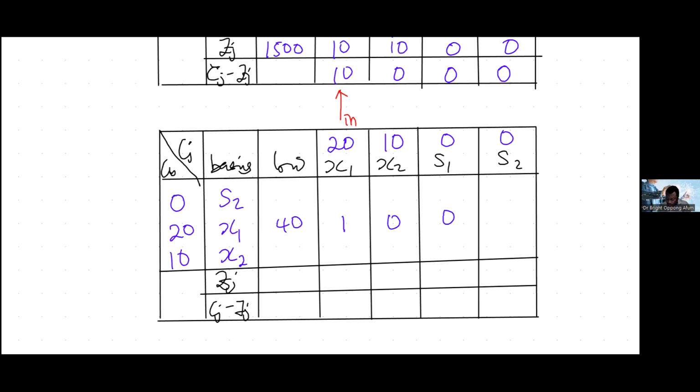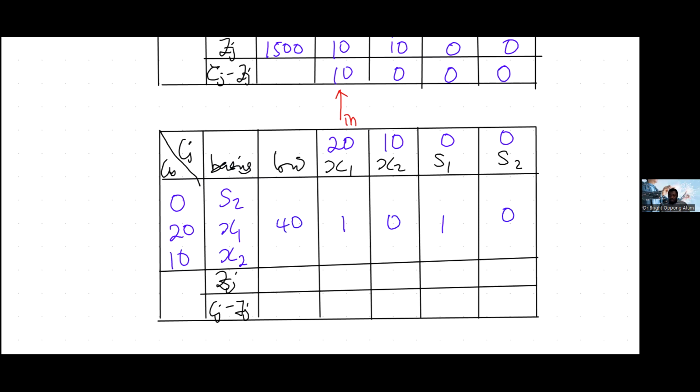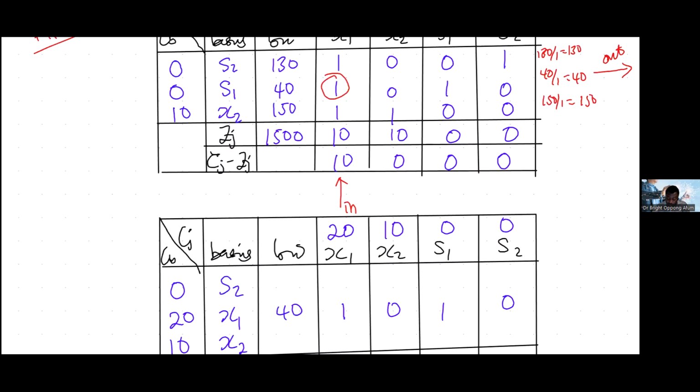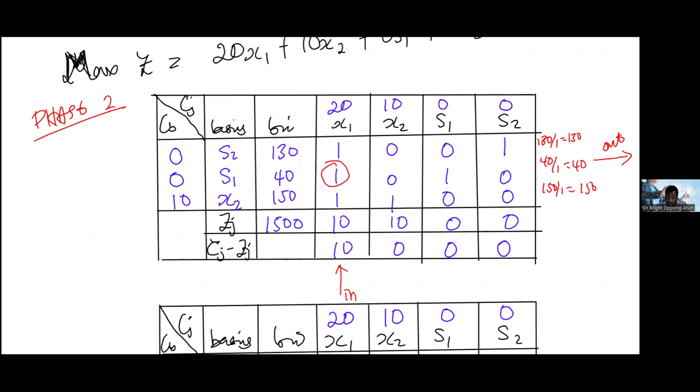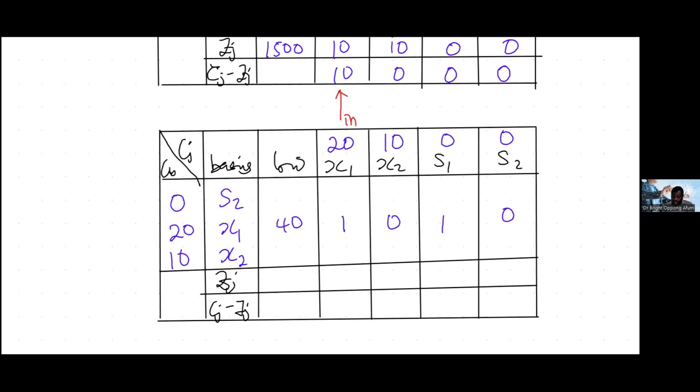Because the pivot column entry is 1 here, for the next row it's 130. So that means that 130 minus 40, right? So we have this to be 90.